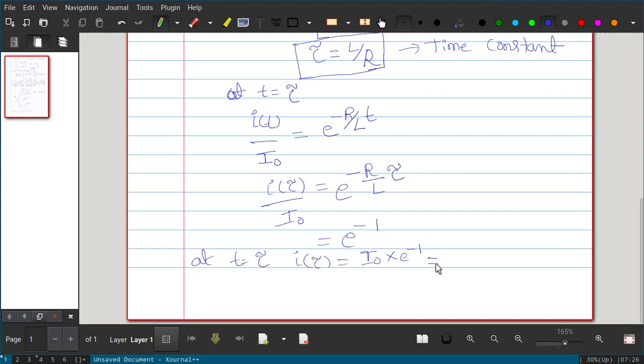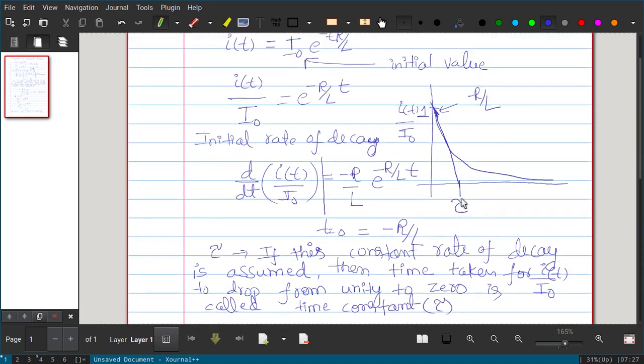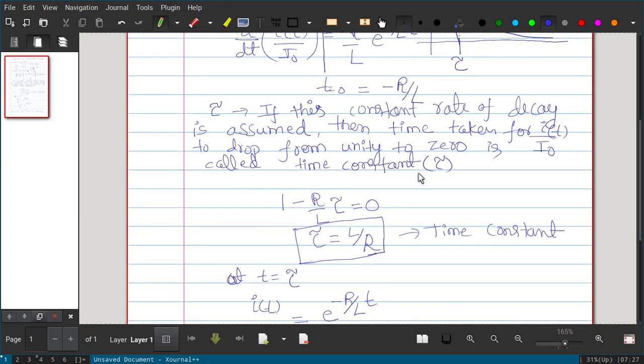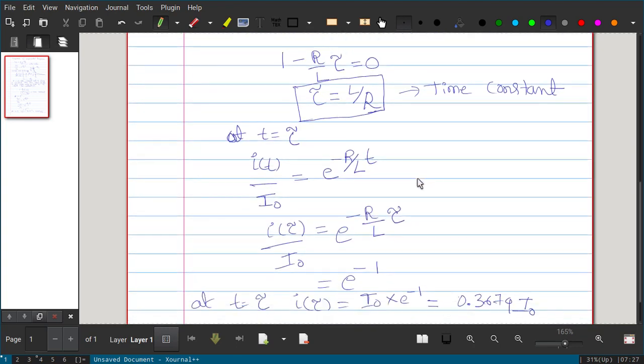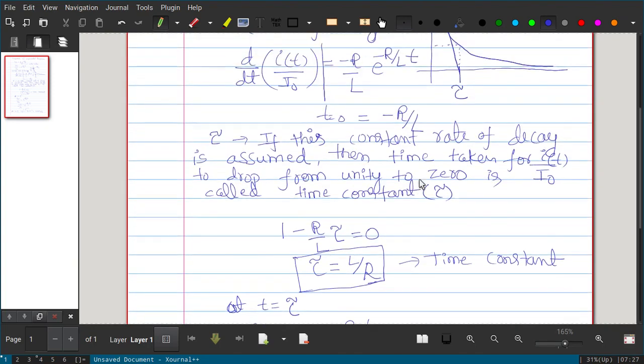So what is the value of this one? E power minus 1 is 0.3679 I naught. That means after tau amount of time, the actual value will be around 36.79% of I naught.